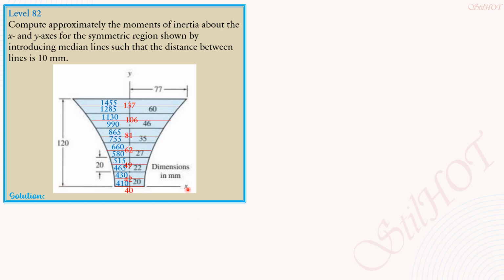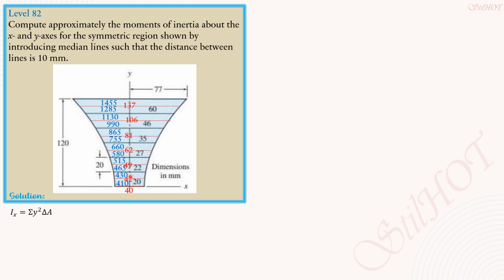So Ix is, from the formula, equal to distance square times differential area. So summation of distance square, which is y square, times delta A, where y is for this rectangle here with thickness 10 mm. So y is the distance from the x-axis to the centroid of that rectangle, which is 5.